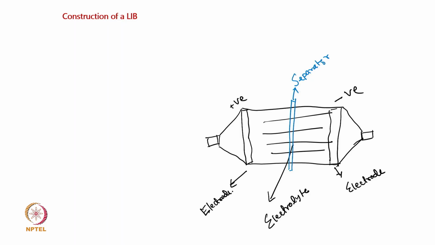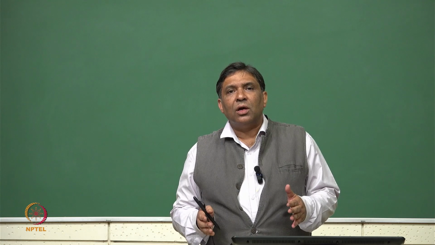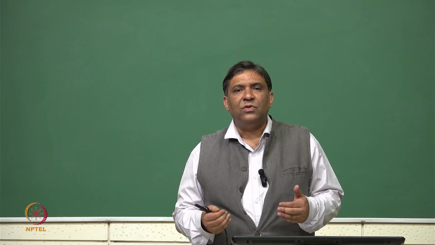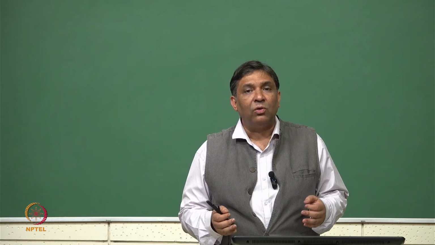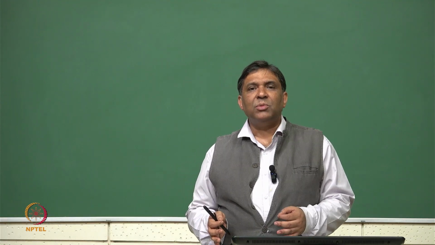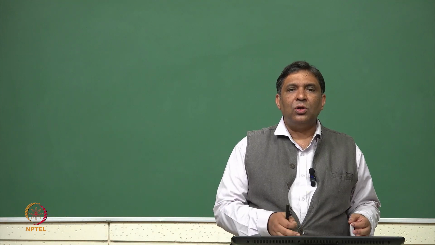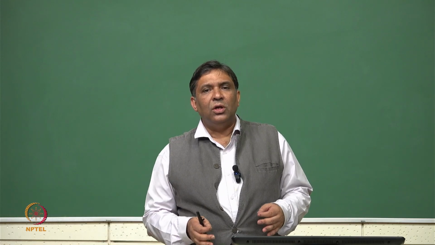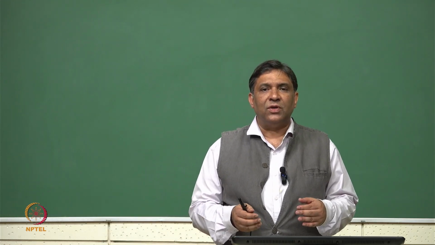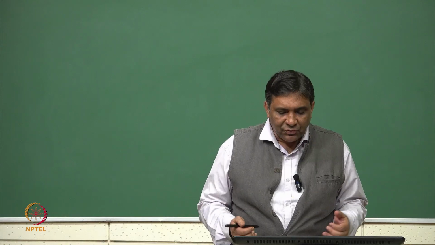So, if we look at the lithium ion battery, it is basically constructed with the following components. So, there are two electrodes, okay. There is an electrolyte in between and there is a separator. Generally these two electrodes are such that they have a good efficiency of intercalation process. This is the requirement. And so, when we discuss the material for say cathode and anode, we will look at what are the materials that can intercalate lithium very efficiently.